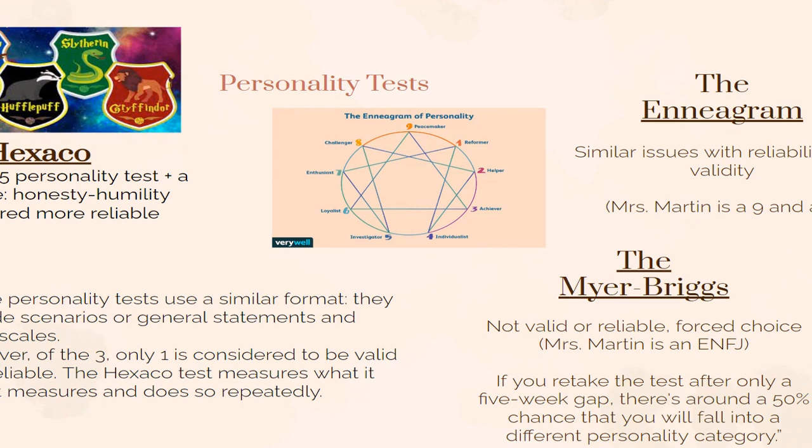And both of them also, how to put this, have personality categories that read more like the fuddy-duddies of personalities. Like, you probably don't want them, right? When I'm reading this one, I'm like, ooh, enthusiast, challenger, and then investigator. Are you kidding me? And then loyalist sounds, I don't know.